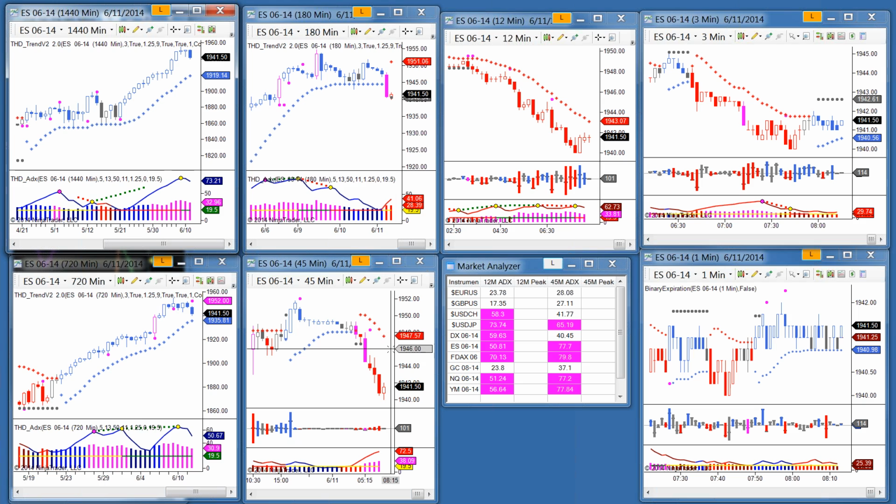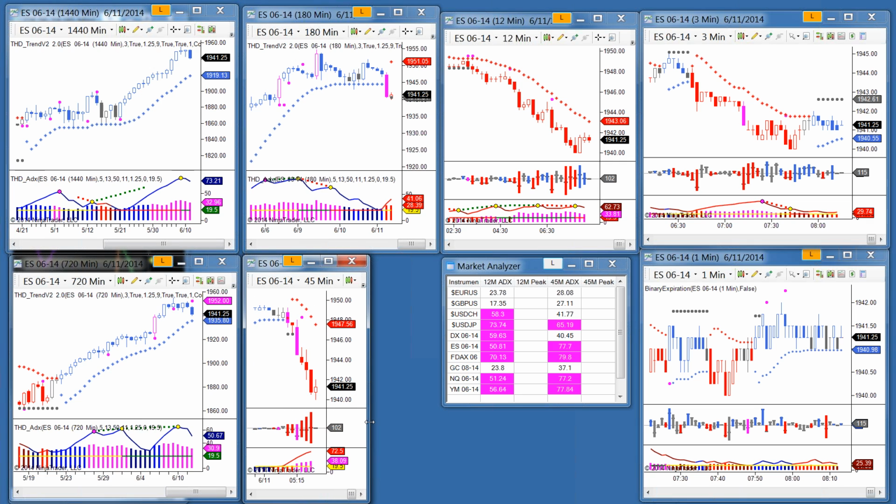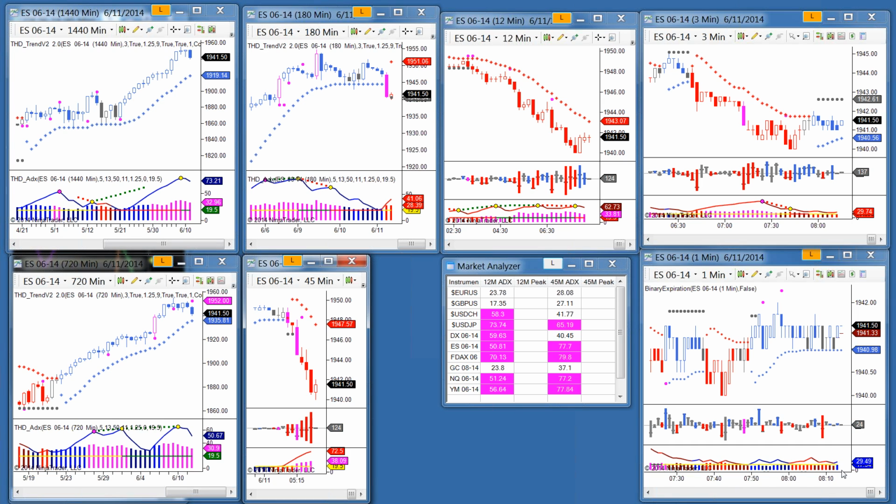That would be my projection. Does everybody understand that? Now, again, if we shrink the window up so that these volume bars expand, what is the first thing that stands out at you on the volume there? It was increasing. This last bar will probably come up with divergence, and then you will probably get a magenta peak.